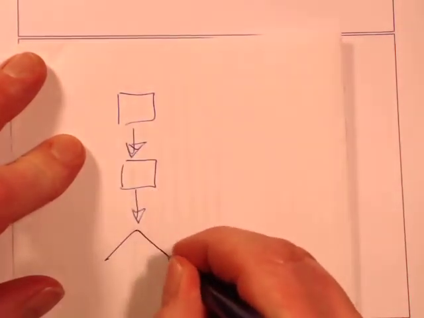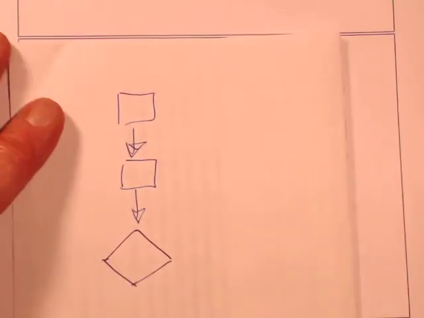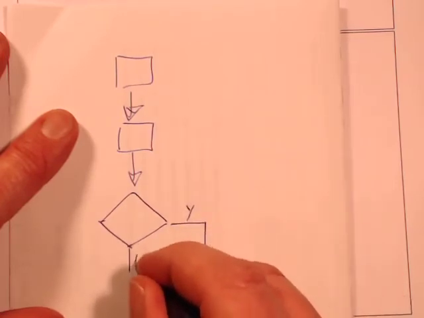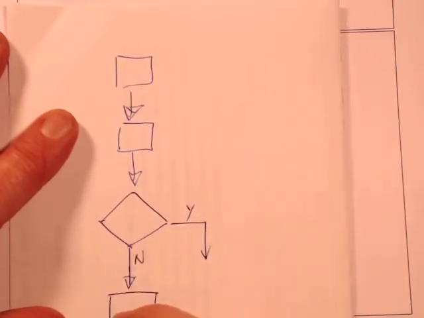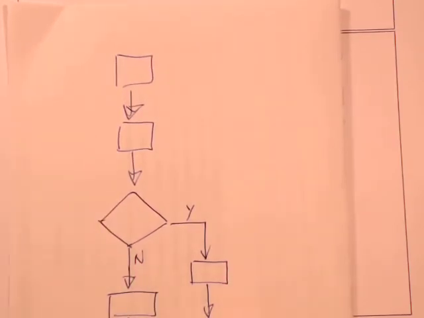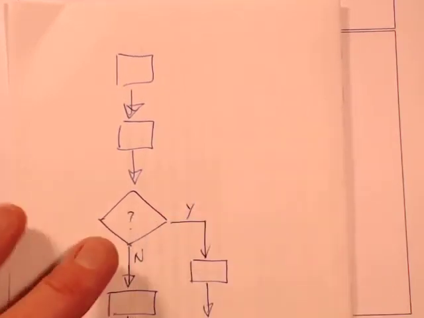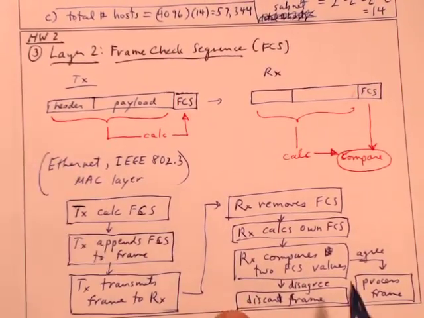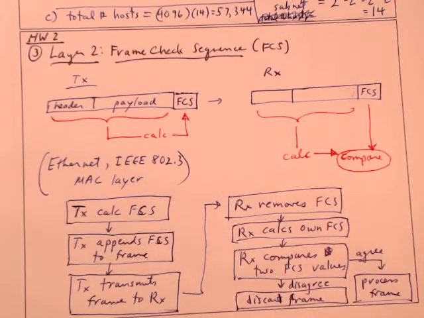But then when you come to a decision, it's some sort of a triangle like this, and it gives you two ways to go, yes or no. And then you go on to different parts, and you may even go on to more decision blocks. But in general, the decision block is given as some sort of a diamond shape. Okay, and this is what they're supposed to look like. I obviously did not make my decision block a diamond shape here. In any case, that's the idea.